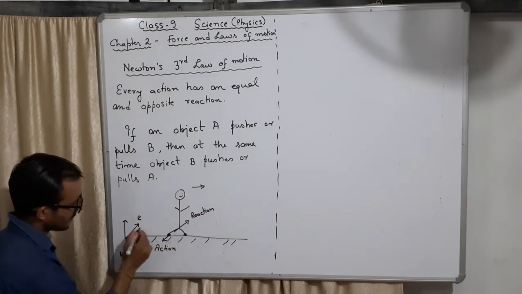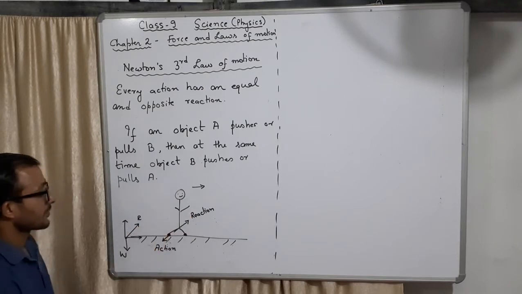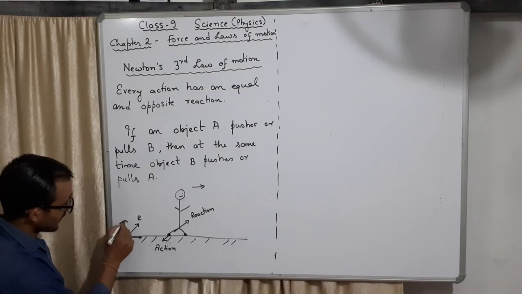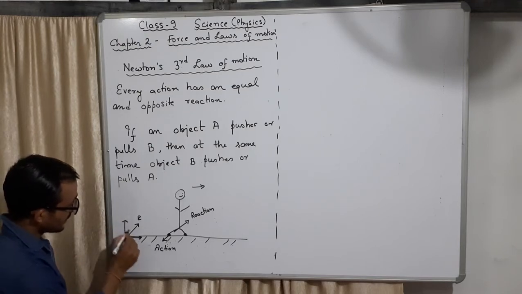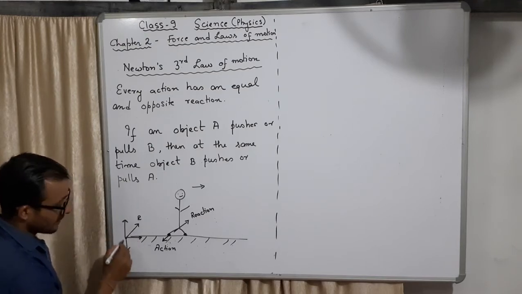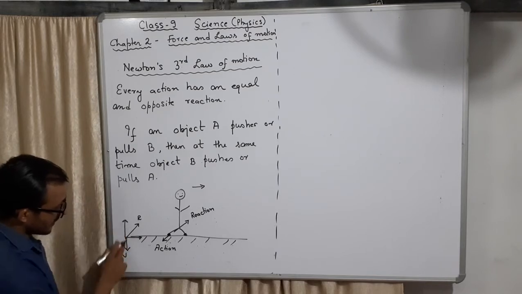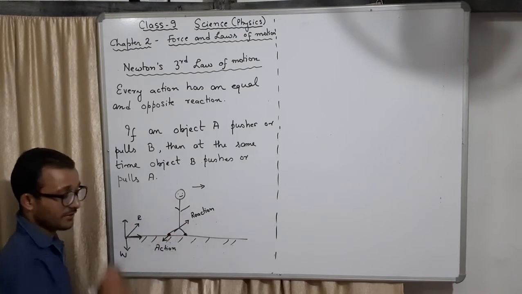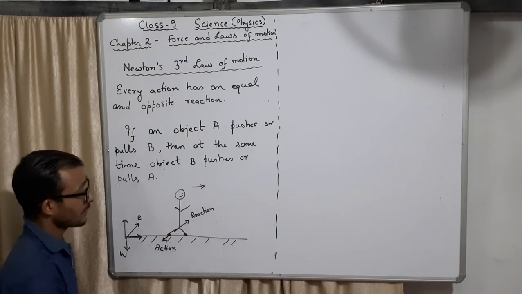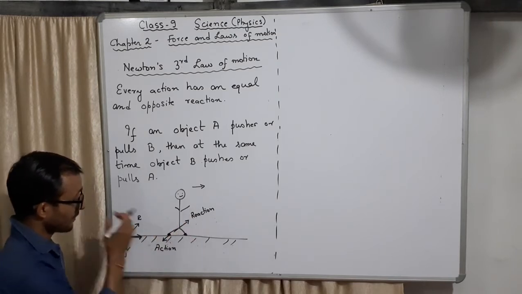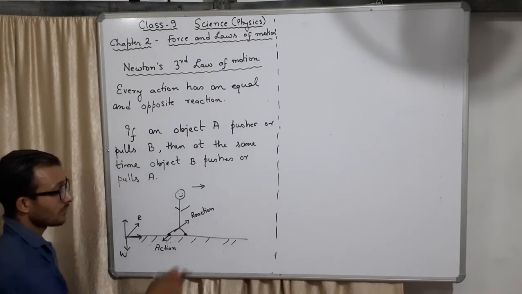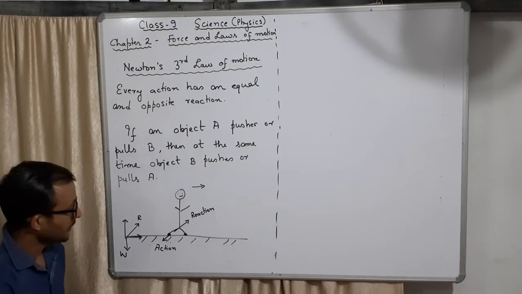This reaction has two components, this side and this side. This part will cancel the weight because they are exactly opposite in the same line, but there remains something in this direction which makes the body move this way. Because of this action you are able to move in this direction, the outcome of this reaction.